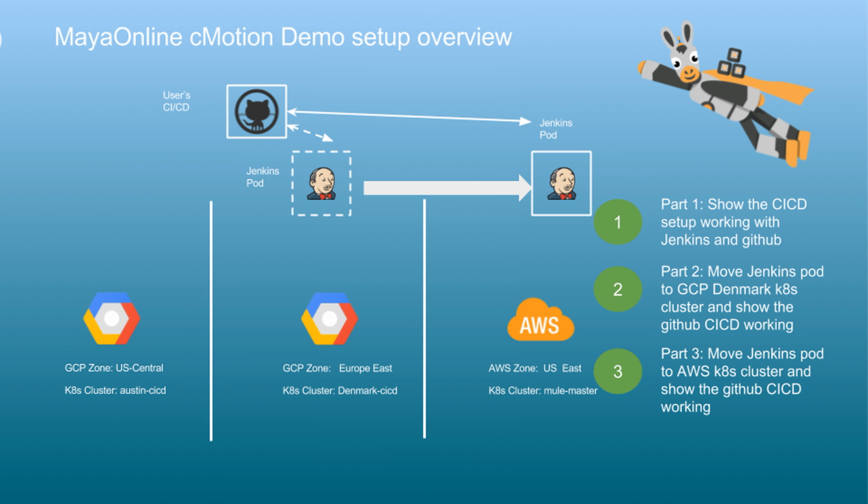We have built build 36 in Austin, and built build 37 in Denmark.